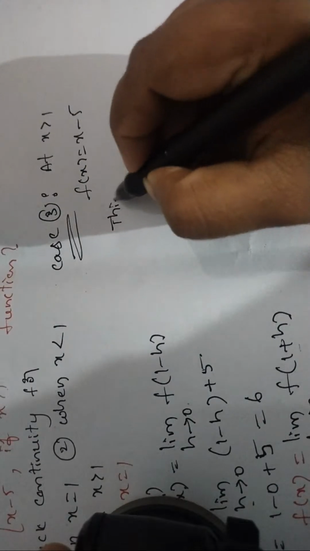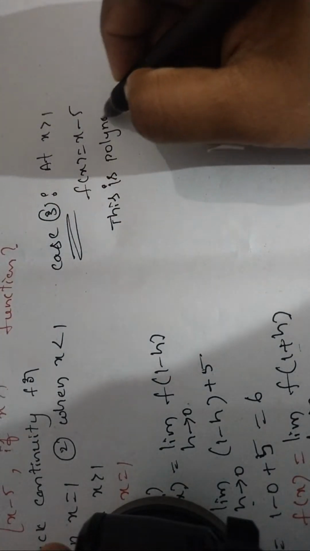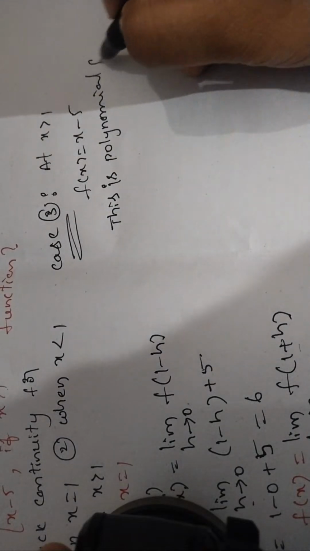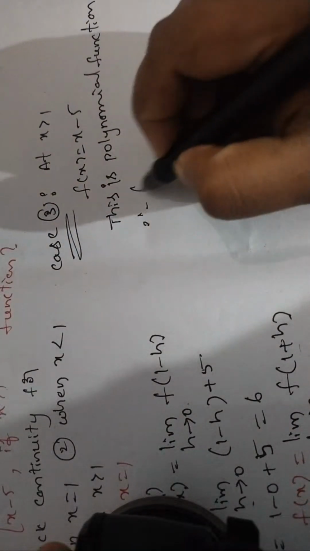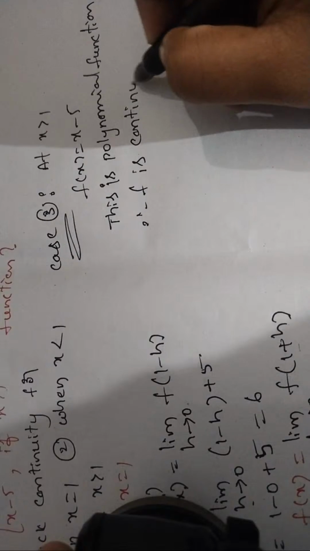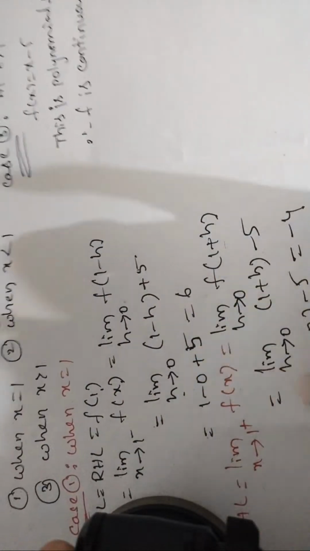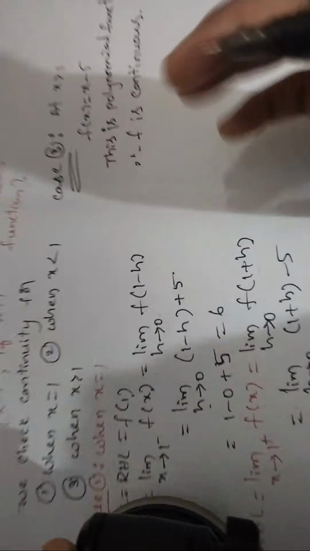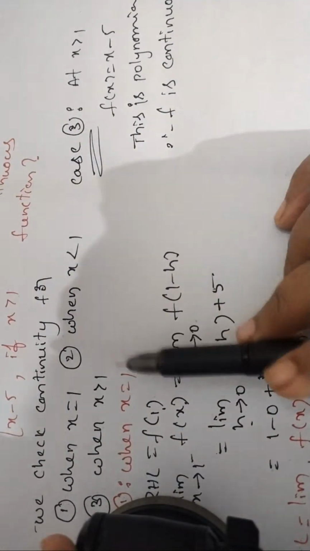This is a polynomial function. Therefore, f is continuous. So in the 3 cases, the first case is not continuous. Why? Because we got different values. The first one is not continuous, the second one is continuous, the third one is continuous.